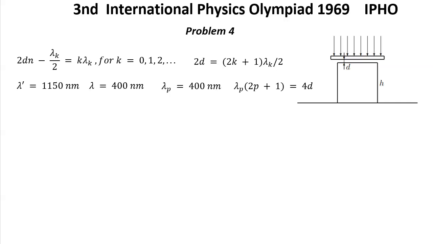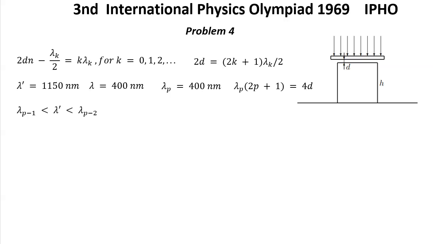The equation yields that for fixed d, the wavelength lambda_k increases with decreasing maximum order k, and vice versa. According to the assumption, lambda_(p minus 1) must be less than 1150 nanometers, but lambda_(p minus 2) must be greater than 1150 nanometers.